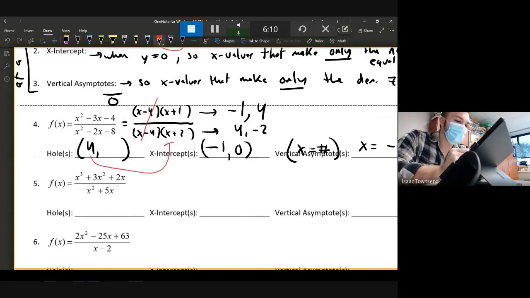Plug this into the reduced form, what's left behind, and you would get 5 over 6. So make sure you illustrate that some way so that you look back at that and you can see where that number came from. Plug in the x value into the reduced function.